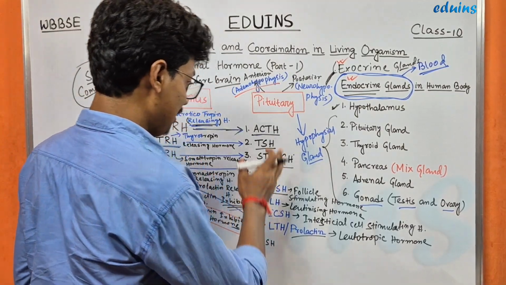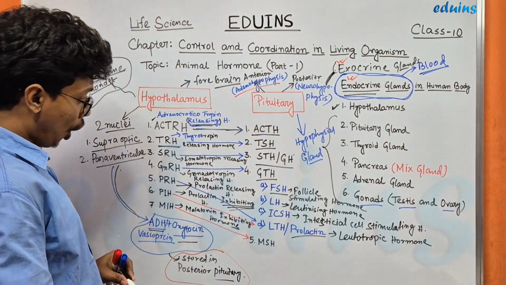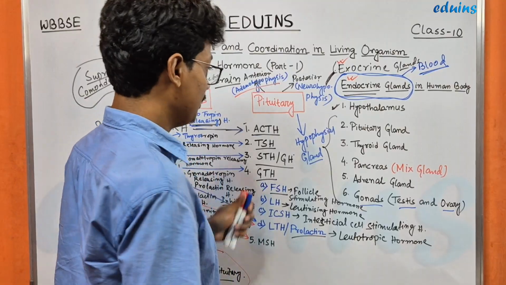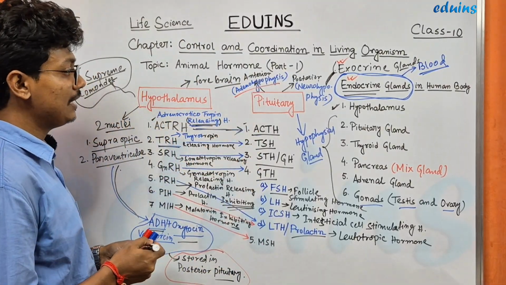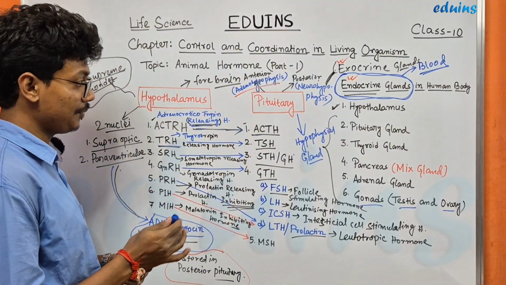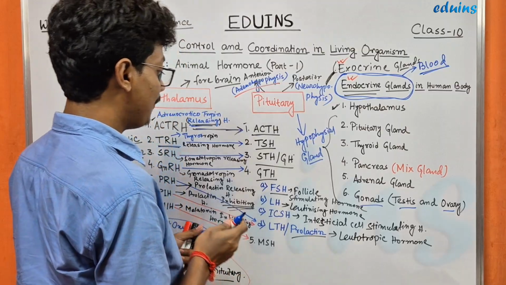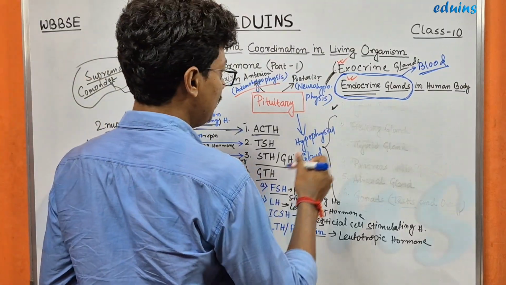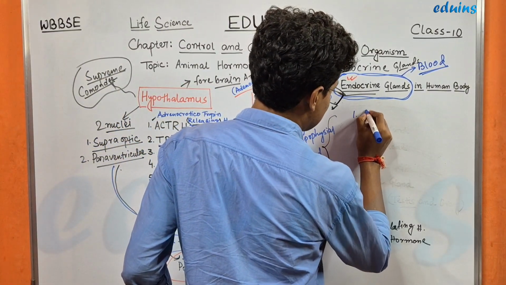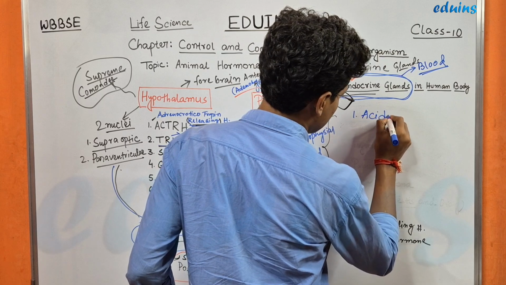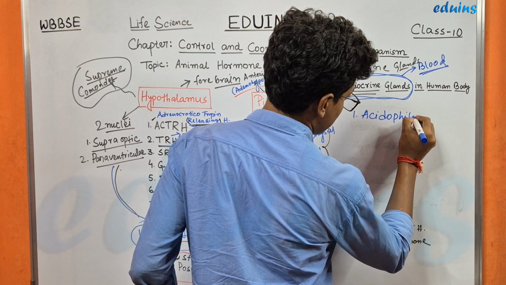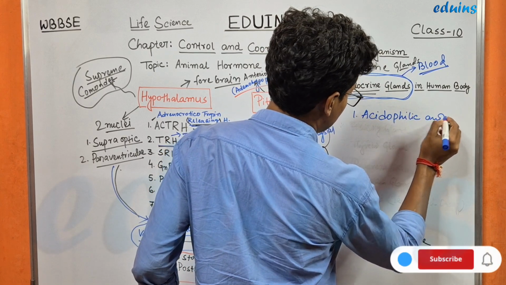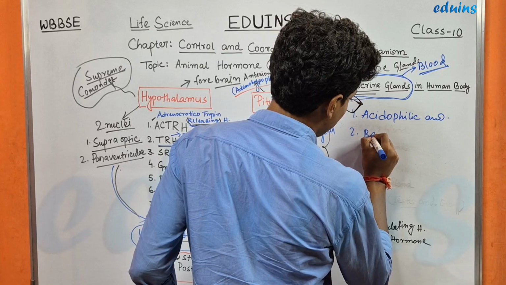So these are the different types of hormones released from the pituitary, mainly from the anterior pituitary. This pituitary gland has 2 types of cells. Number 1 is the acidophilic and number 2 is the basophilic.